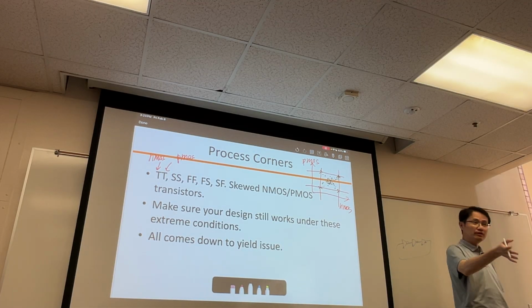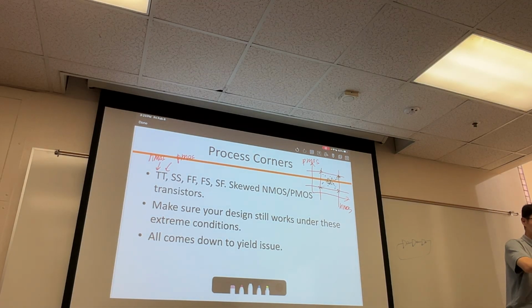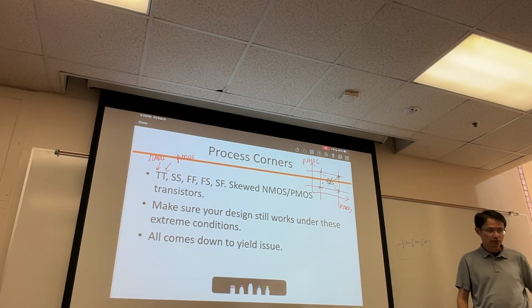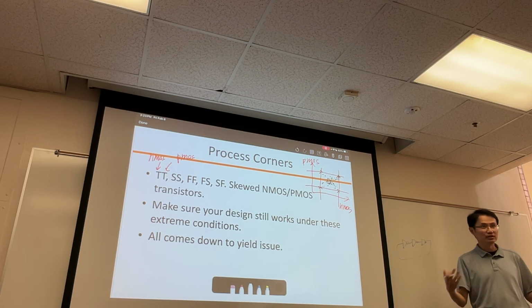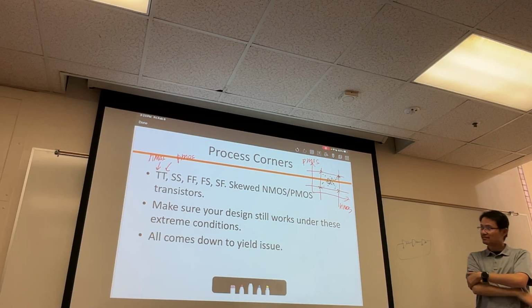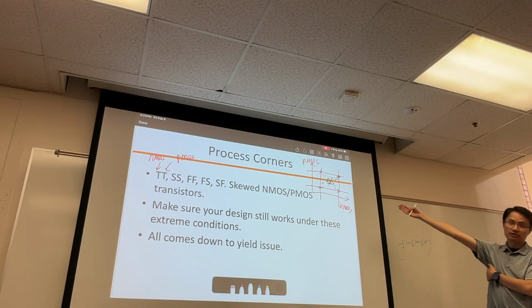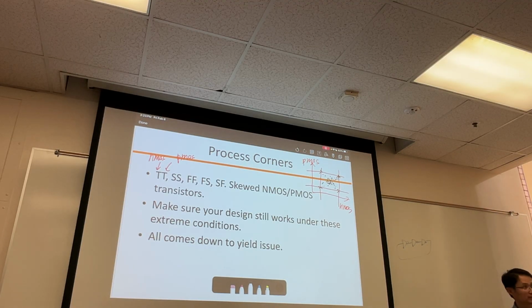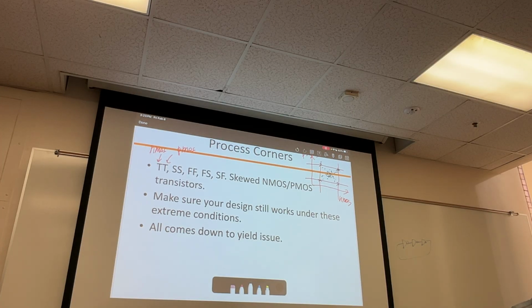Okay, so you might run into that kind of scenario in the future, especially if the company you're working with is doing super high volume production, like cell phones. You don't want to lose any chance to make money. What you do is make sure your circuit can work at all corners, all extreme corners. This is what I meant, right?